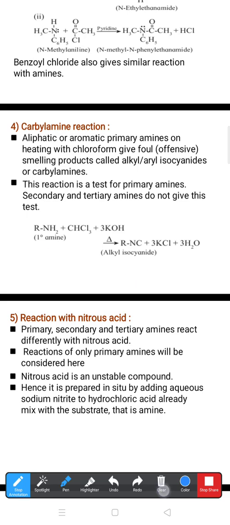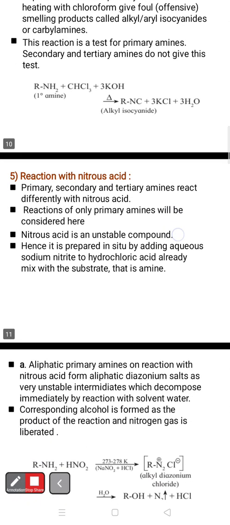Later on, the fifth one is the reaction with nitrous acid, HNO2. In that, primary, secondary and tertiary amines react differently with nitrous acid, and only the reaction of primary amines will be considered here. Nitrous acid is an unstable compound, that's why it is prepared in situ, by adding aqueous sodium nitrite and hydrochloric acid to the substrate, the amine.